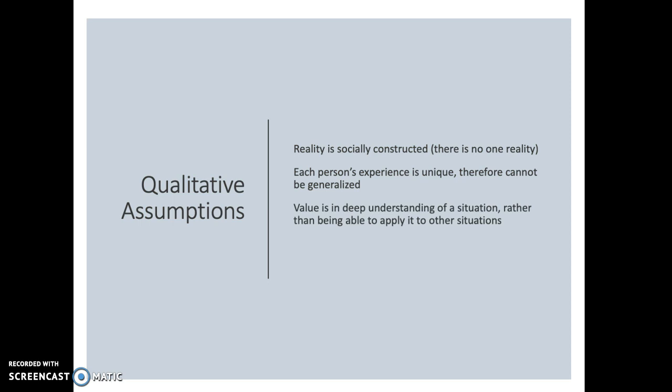They believe the value is deep understanding of a specific situation rather than being able to apply it to other situations. So they want to describe what's happening and what has happened and what's going on in each individual's mind rather than predict what's going to happen in the future on a large scale.